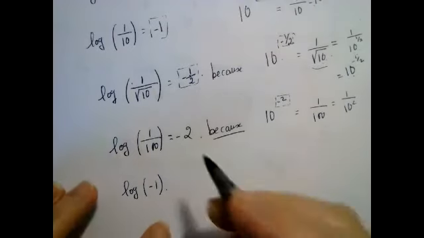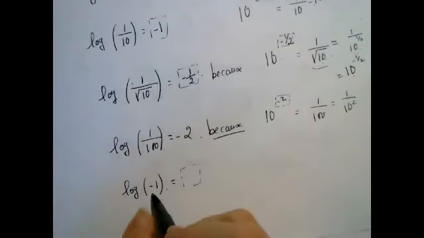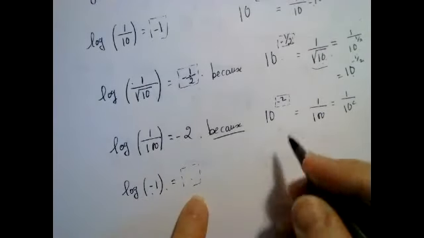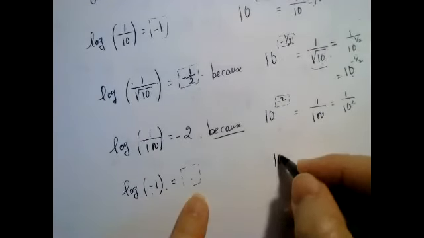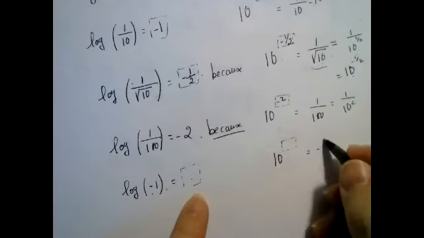Again, go to the definition. The log of minus 1, that's the input. The output is the power of 10 which gives me minus 1.